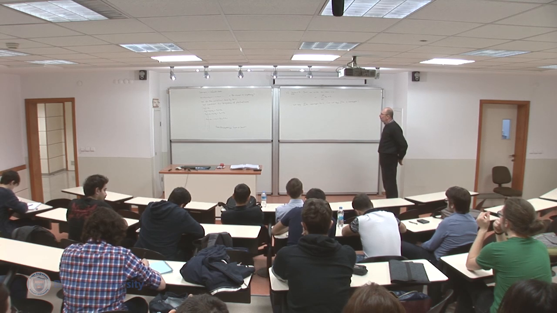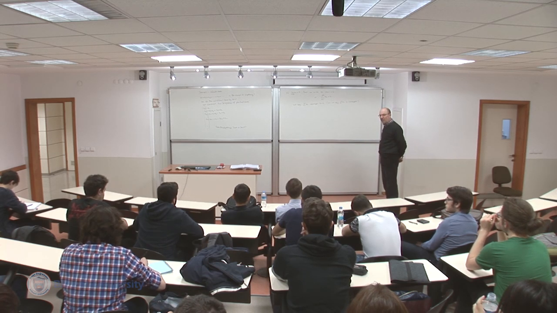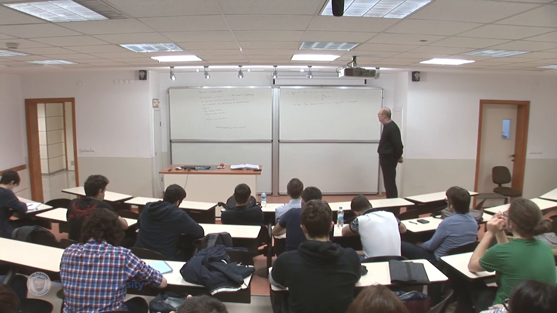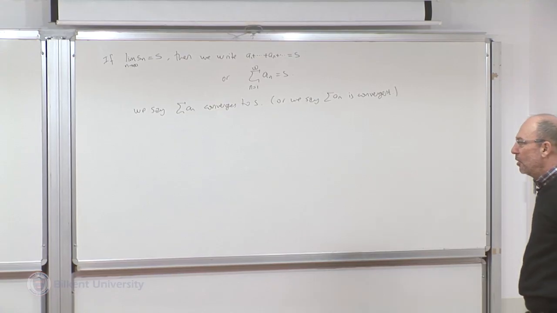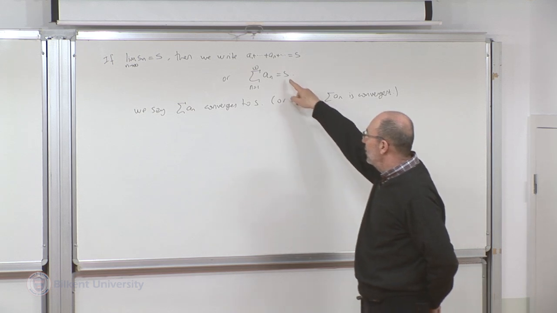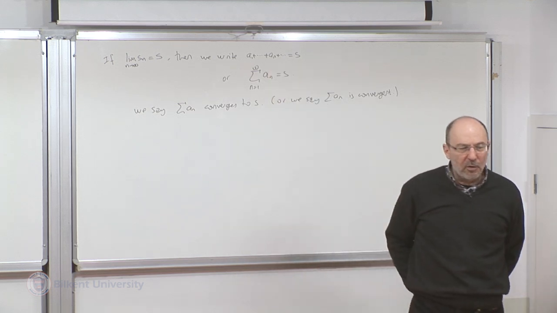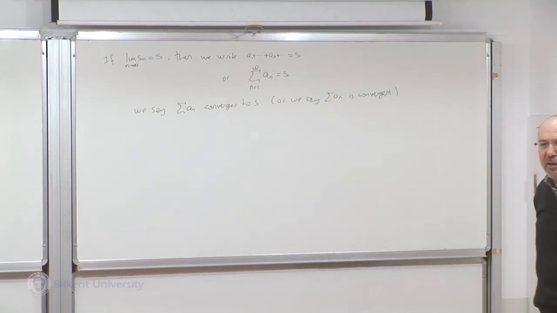So we just check if the limit exists or not. If the limit exists, then the next question is how do we approximate this sum? Sometimes we can't find the exact value.